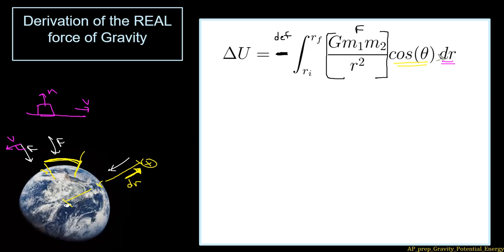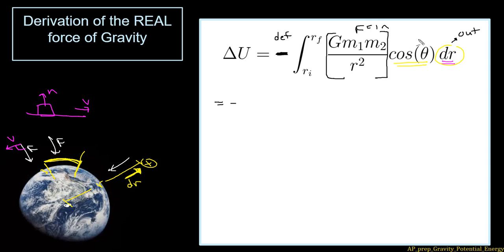So dr is radially outward. The force, by definition, pulling towards the center of the planet, is radially inward. So this is outward, this is inward, the force. Therefore the cosine, the angle between outward and inward, is 180.